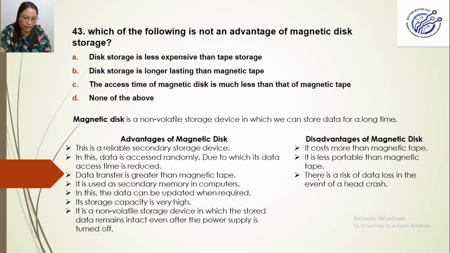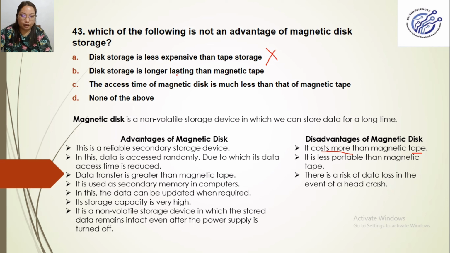So, sabi dito sa ating disadvantages, ang ating daw pong magnetic disk is it costs more than the magnetic tape. So, hindi po yan totoo. So, hindi po ito disadvantage natin.